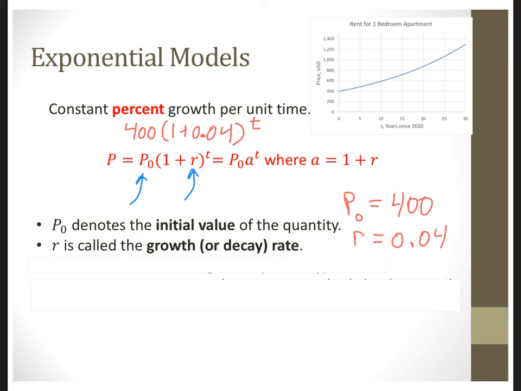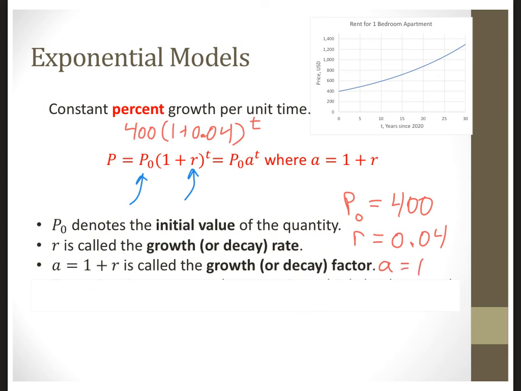Oftentimes we will add that rate to the number 1 to represent the fact that we're adding it to the previous quantity, and we call that the growth factor. Or if we have decay, that would be a decay factor. In this case, our growth factor is 1 plus R, so we get 1.04.